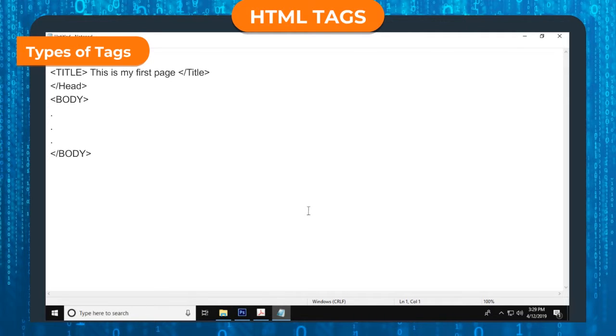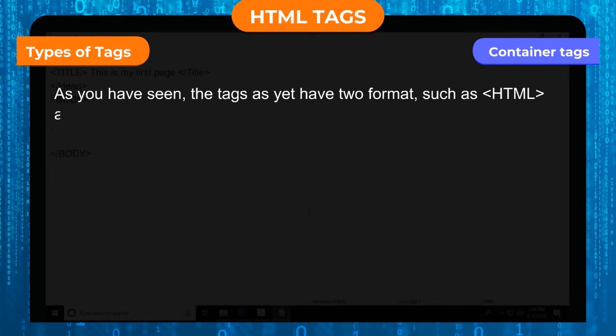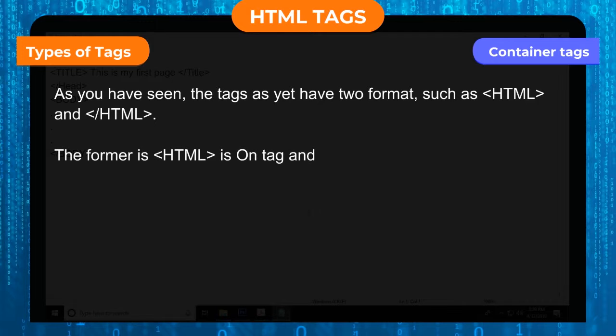Types of tags. In HTML, there are basically two types of tags. Container tags. As you have seen, the tags so far have two formats, such as HTML and close tag HTML. The former, HTML, is the on tag and close tag HTML is the off tag.